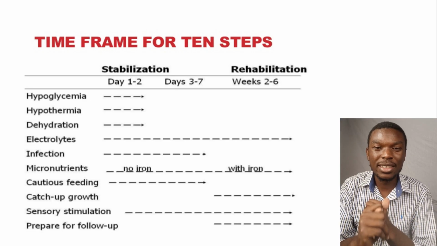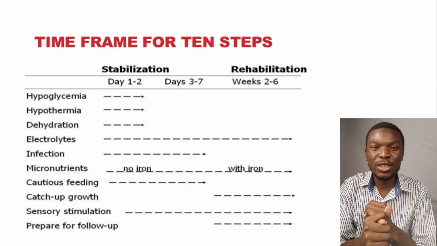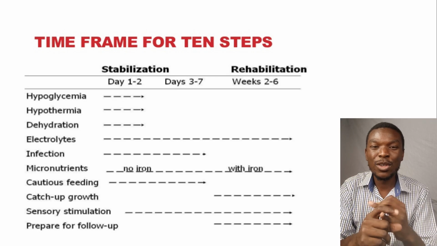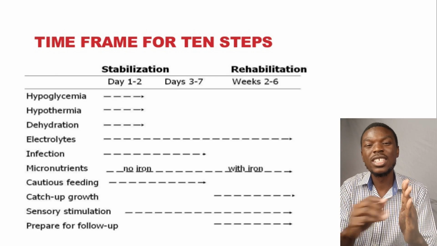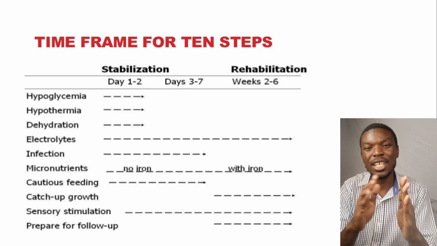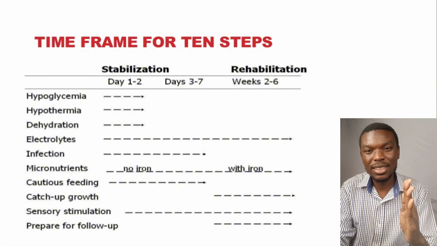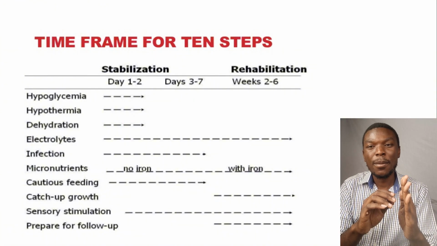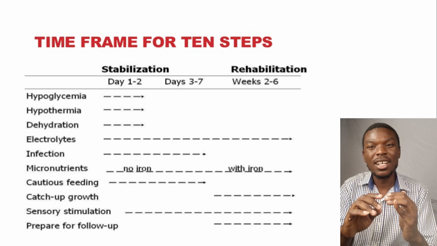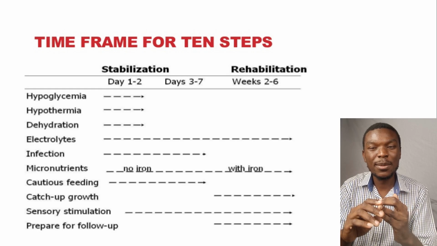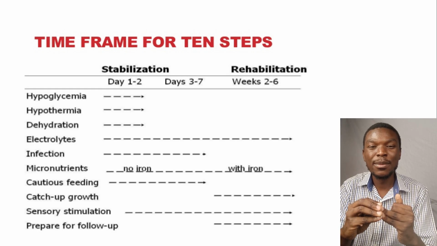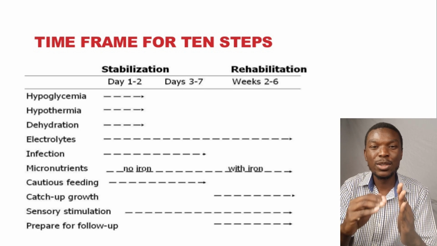Then for electrolytes, this you need to correct continuously for the whole 6 weeks. So you see, gradual correction. You take longer correcting this imbalance, but for hypothermia, dehydration, and hypoglycemia, you need to correct them very quickly within 2 days.